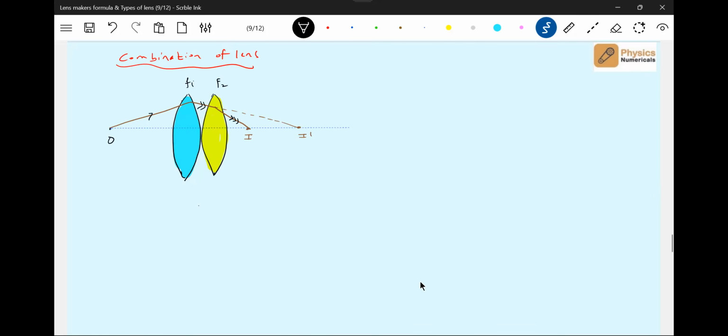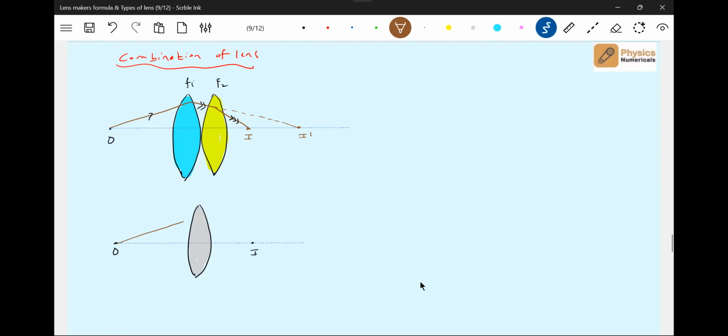Now I want to replace these two by an equivalent lens so that the final position of image will not change. Let f be the focal length of this one. The final position of object and the final position of image should not change.